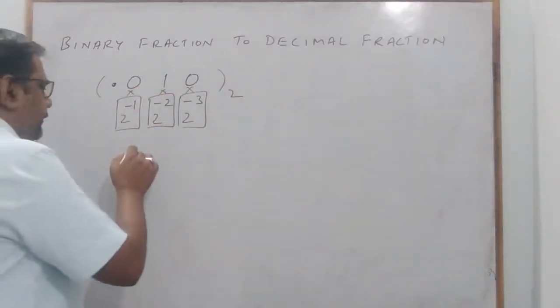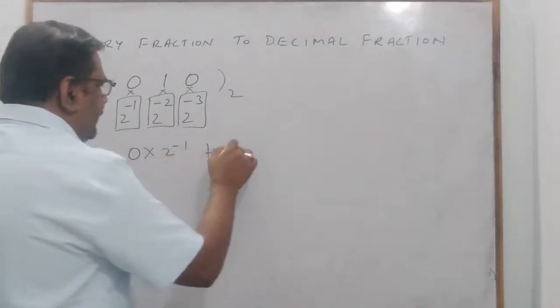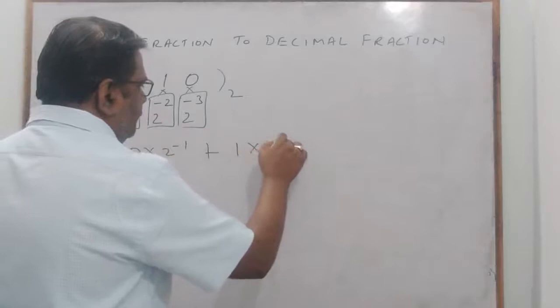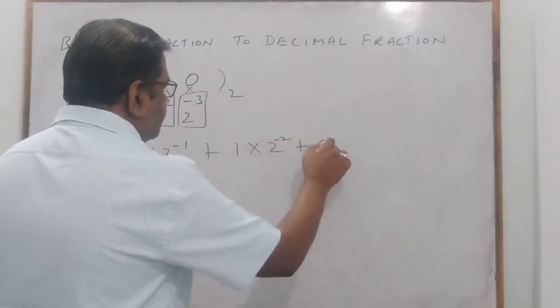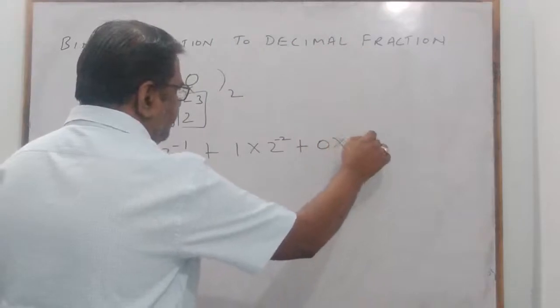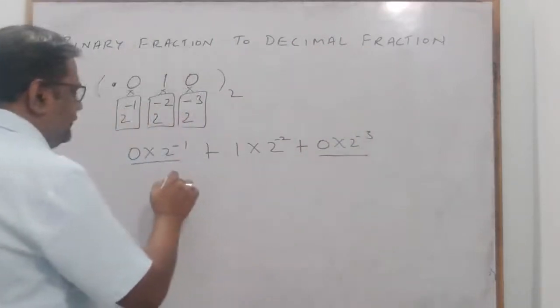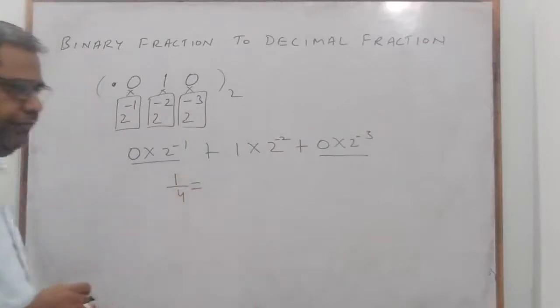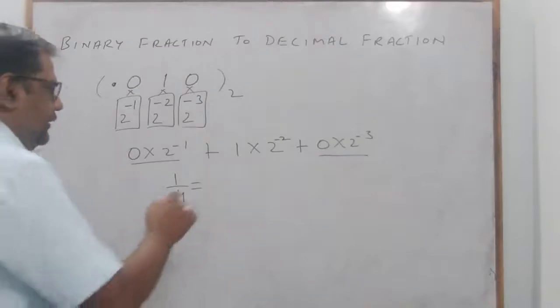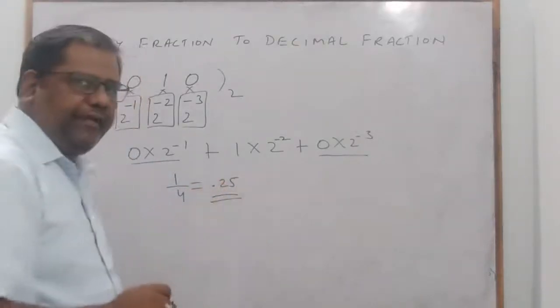So you are multiplying 0 by 2 to the power -1, then multiplying 1 by 2 to the power -2, and then adding 0 into 2 to the power -3. This becomes 0 and this becomes 0. So what you are left with is 1 by 4, and the result is equivalent to 0.25.